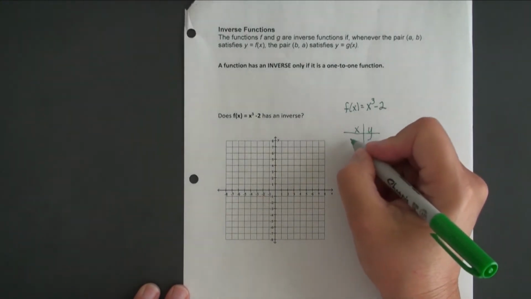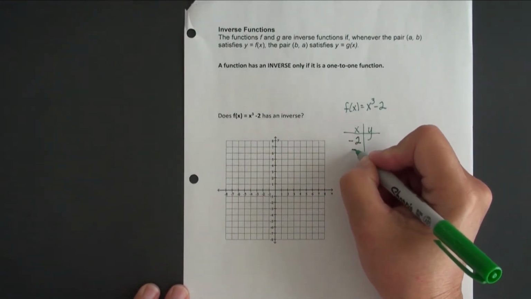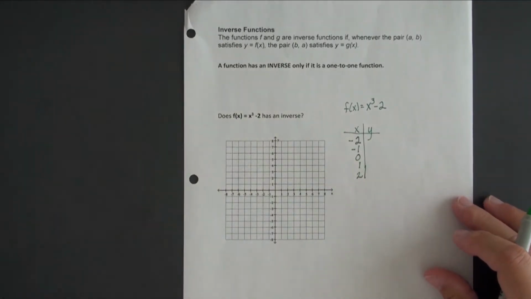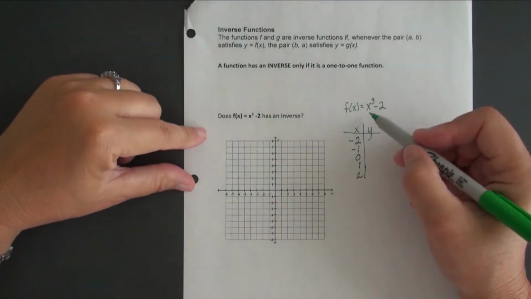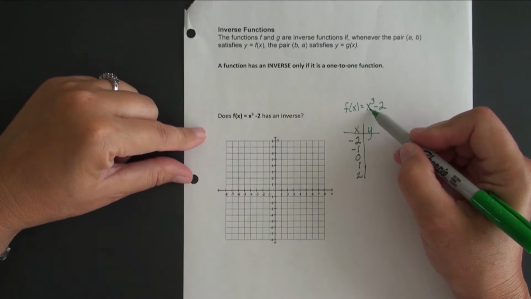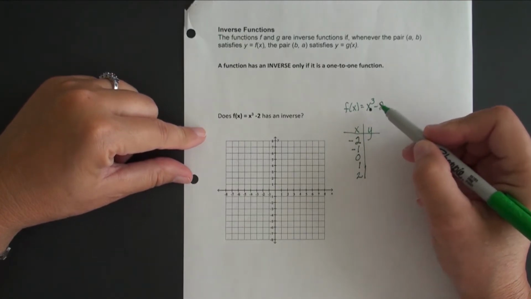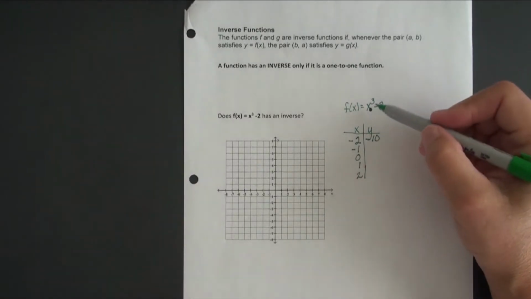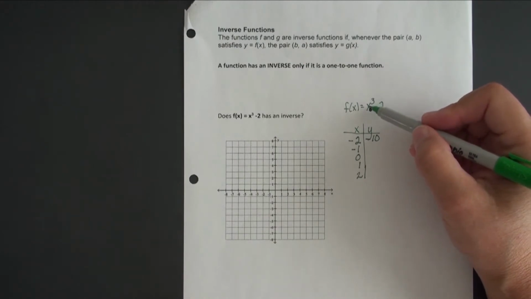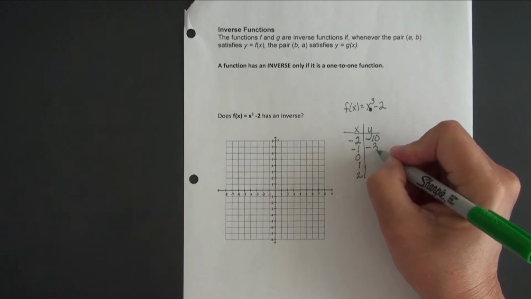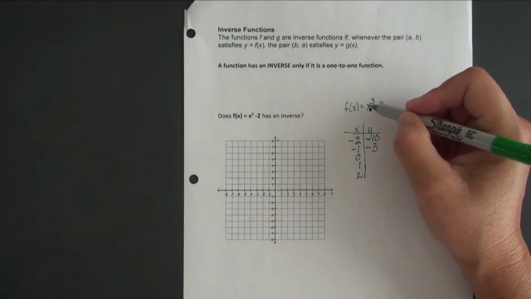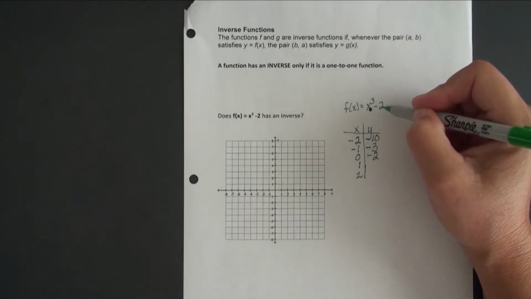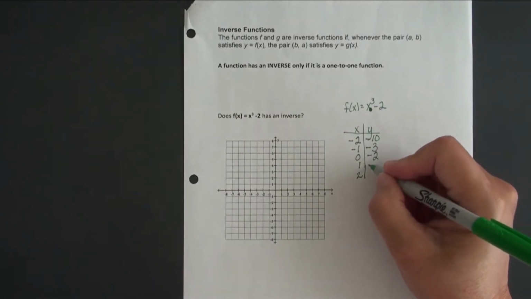I'm going to put in -2, -1, 0, 1, and 2 for x, and we'll see what y equals. -2 to the third power is -2 times -2 times -2, that's -8, minus 2 is -10. -1 to the third power is -1, minus 2 is -3. 0 to the third minus 2 is -2. 1 to the third minus 2 is 1 minus 2, -1.